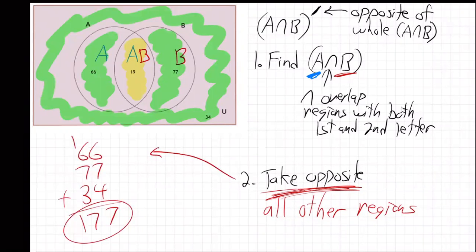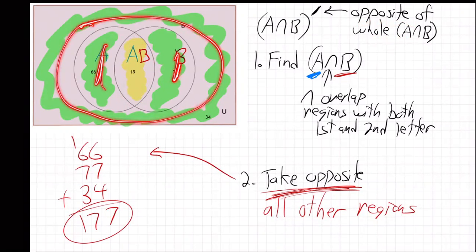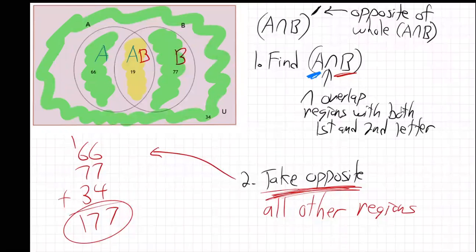So we had to do the overlap first, and then at the end, take the opposite, because it was the opposite of the overlap. So the overlap ended up being the middle, and then we had the opposite of the whole overlap, which are the three other regions other than the middle, other than the overlap in the middle. We add those up, 177.